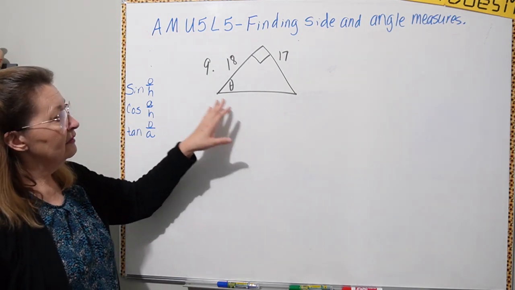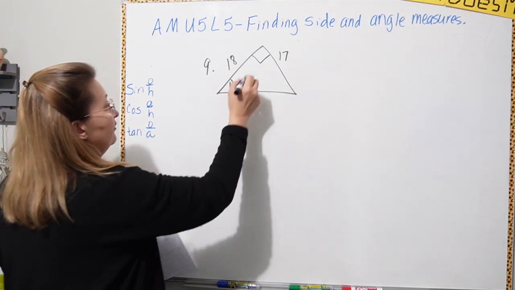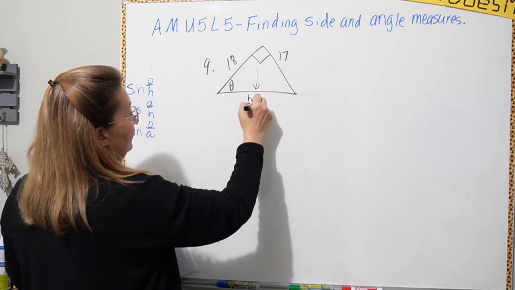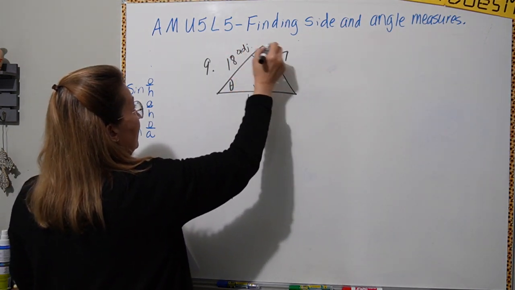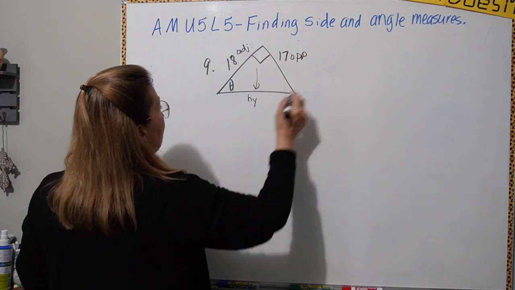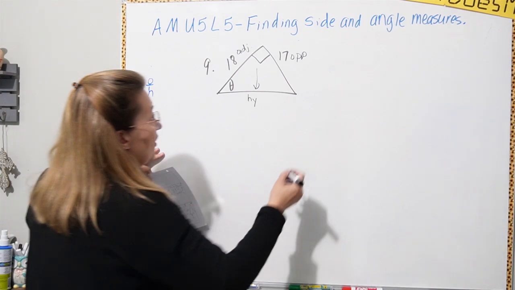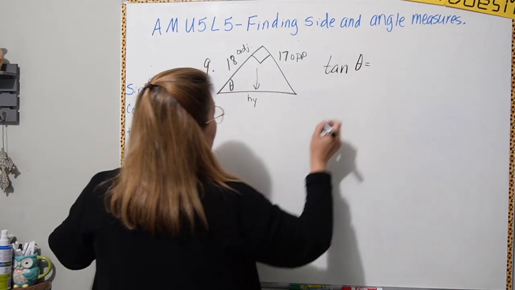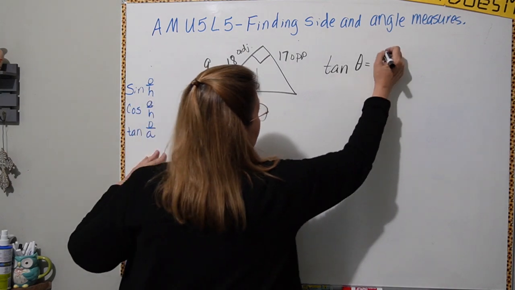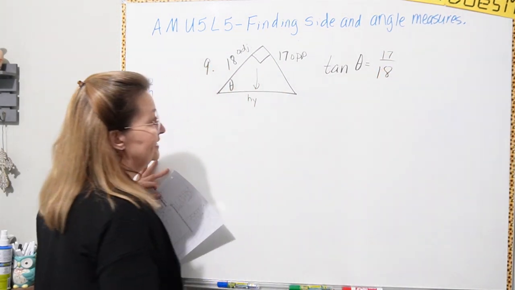Okay, on number 9, let's label our sides so we'll know which function to use. Obviously, this right here is your hypotenuse. So what you have is your side adjacent and your side opposite. That's going to require the use of tangent. So the tangent of theta is equal to the side opposite, which is 17, over the side adjacent, which is 18.